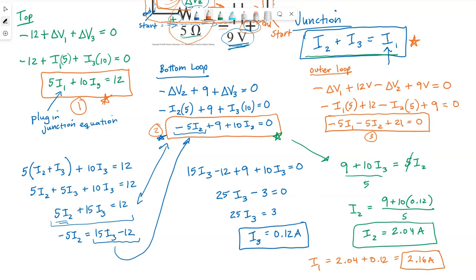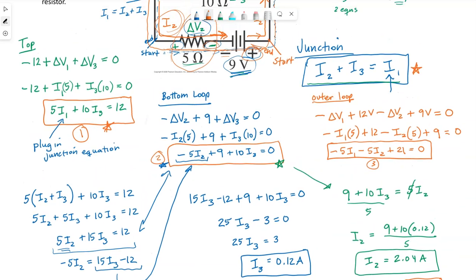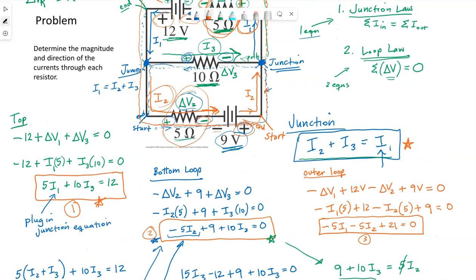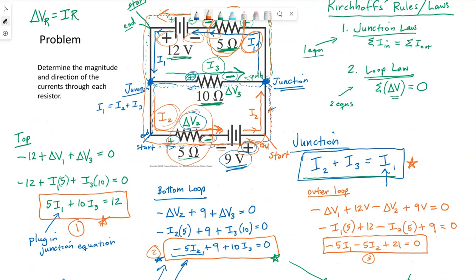Now, revisiting the question really fast, I'm just going to scroll up for just a second. This problem asked us for the magnitude and direction of the currents through each resistor. So we chose directions of currents. We drew those in first thing.